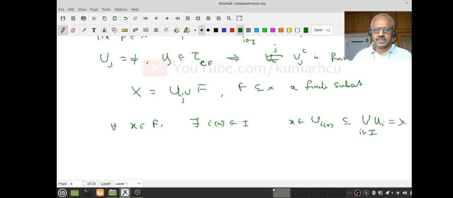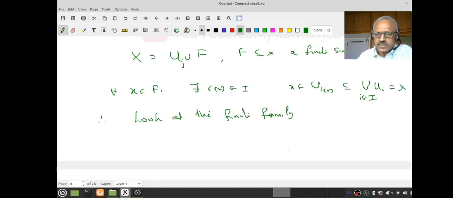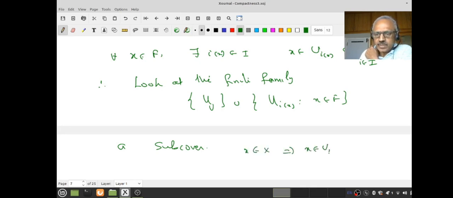You understand? Therefore look at the finite family of sets: U_j, and the union of U_{i_x} as x varies over the finite set F. This is a finite collection and this is an open subcover of X. You give me an x in X, then either x is in U_j or x is not in U_j.